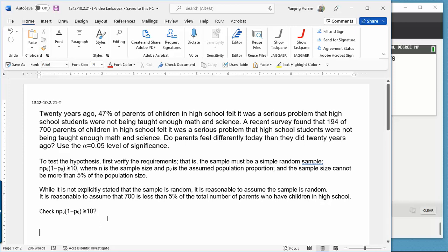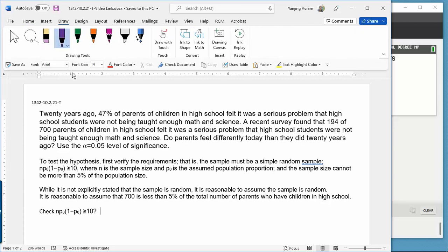So we're going to make the assumption that this fits what we need. p sub 0 here is 47% converted into decimal, that is 0.47. And n here is 700.